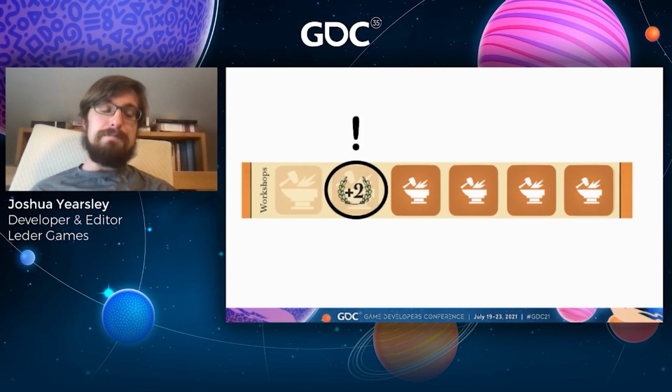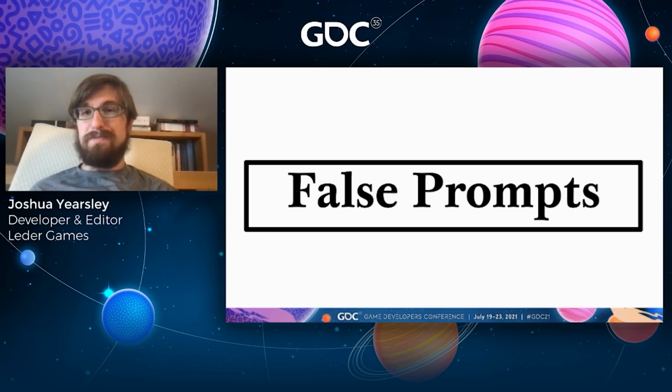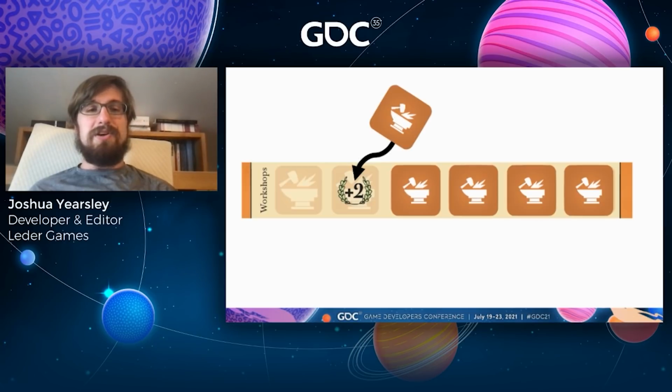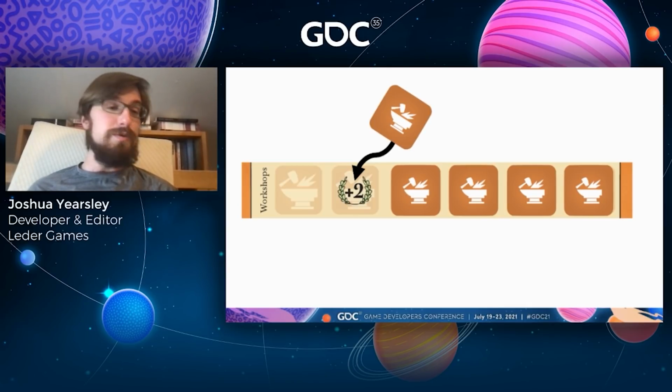But there is a problem here. And the problem is false prompts. So when you're pulling these workshops off the track, you're being prompted to score 2 victory points. And so that leads to the follow-up question of, okay, well, when I put the workshops back on the track, does that mean that I lose 2 points?